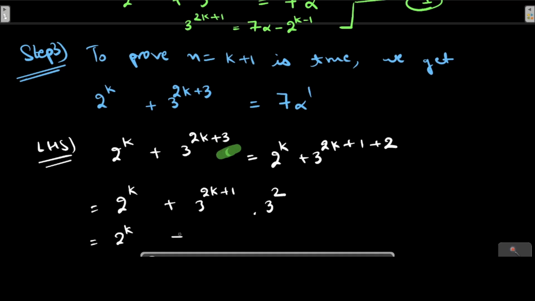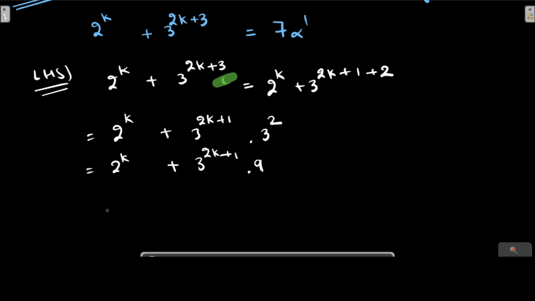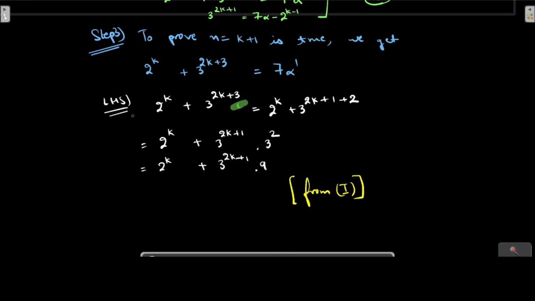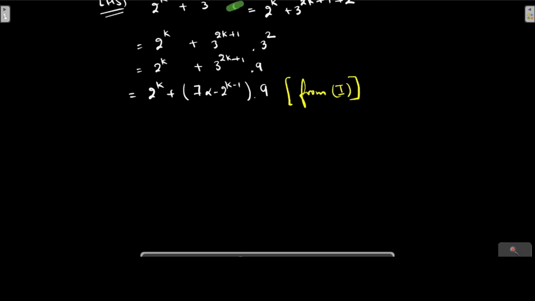Now 2 to the power of k plus 3 to the power of 2k plus 1 times 9. So let's just from first, what do you get? This becomes 2 to the power of k plus 7 alpha minus 2 to the power of k minus 1 times 9, right?